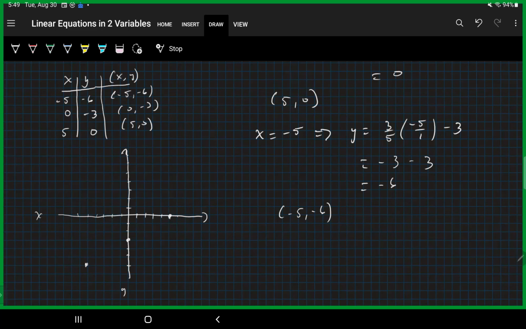And hey, look, those are lining up in a straight line. And I get to connect my dots. And that is how I would graph a line. And we will talk about some important parts of the line, namely slope and the intercepts in the next video.